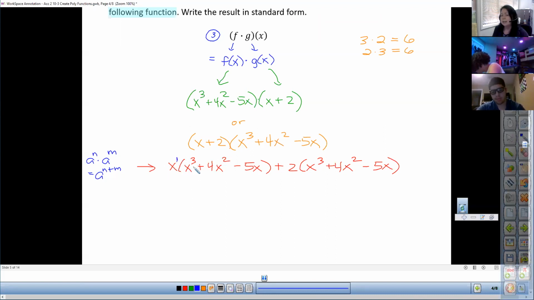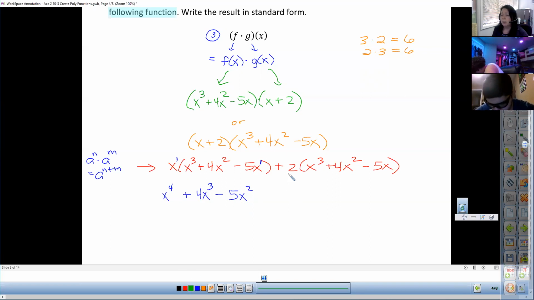So when I take x times x to the 3rd power, 1 plus 3 gives me x to the 4th power. And then when I take x times 4x squared, I get plus 4x to the 3rd power, because 1 plus 2 is 3. And when I take x times my negative 5x, which also has an exponent of 1, that's going to give me minus 5x squared, because 1 plus 1 is 2.